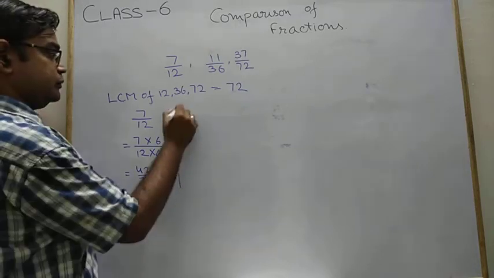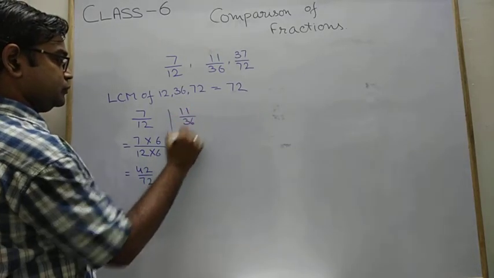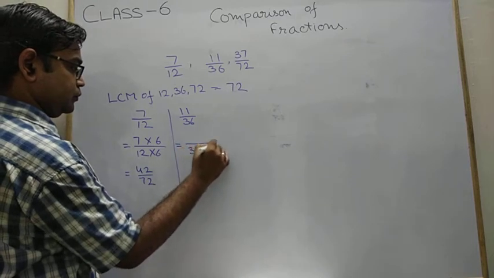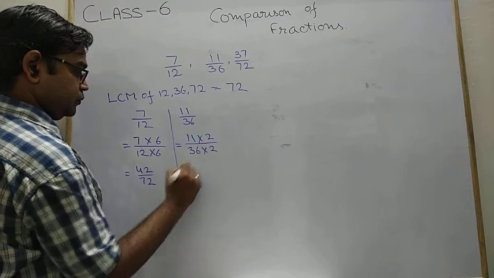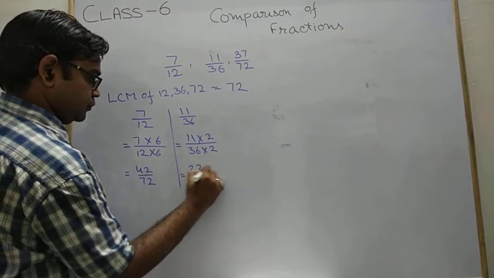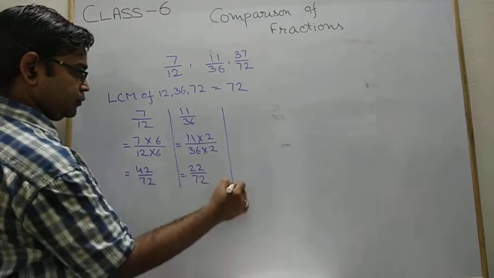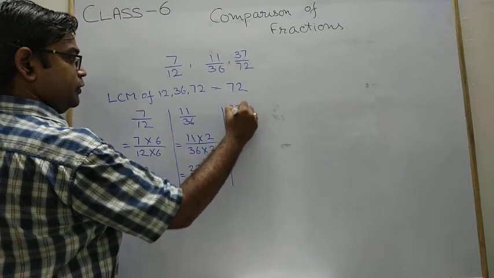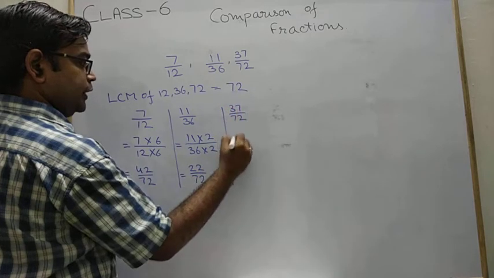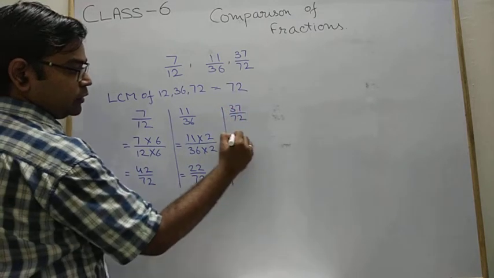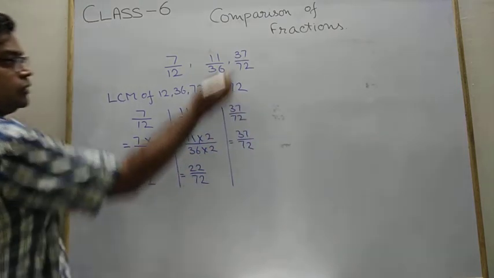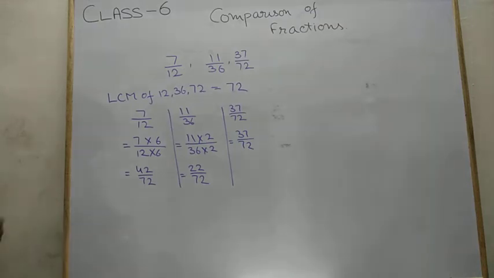For the second fraction, this one. The next one is 37 upon 72. We are not going to change it as the denominator is the same. So now we have the three fractions in like form.